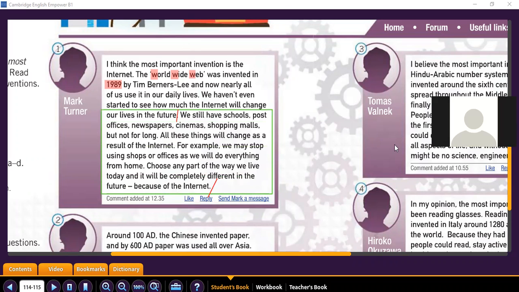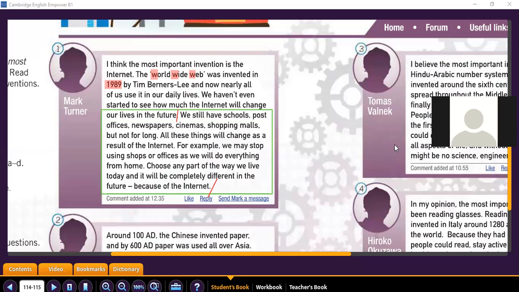Yes, we still have schools, post office, newspapers, cinemas, shopping malls, but not for long. All these things will change as a result of the internet. For example, we may stop using shops or offices as well as we will do everything from home.